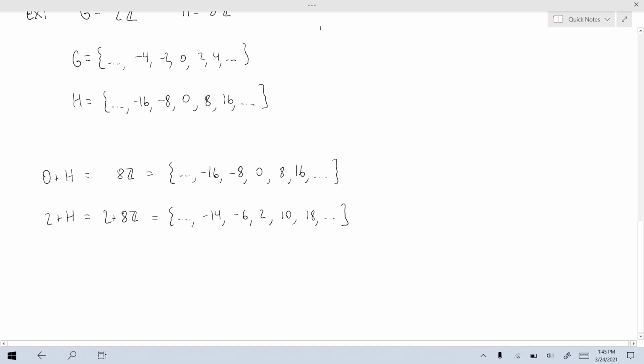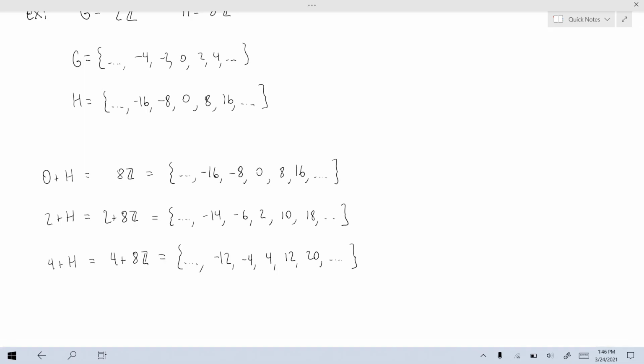So let's take the number 4, and let's add 4 to every element of H. So adding 4 to everything here. Okay, so these are some of the elements in the coset.